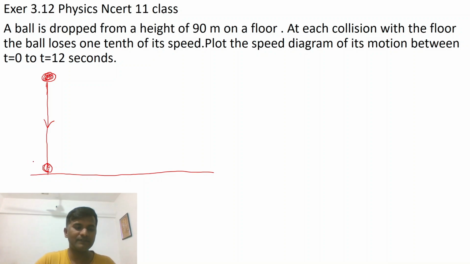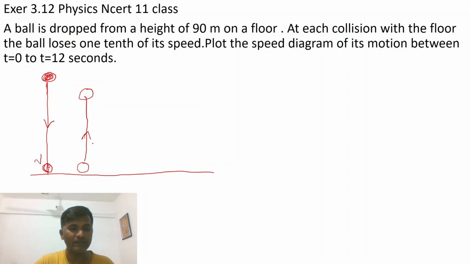Let's say its velocity just before striking the floor was v. Then after bouncing off the floor, it will go back with a velocity directed upwards. What will this velocity be?